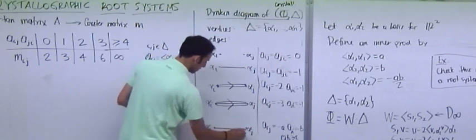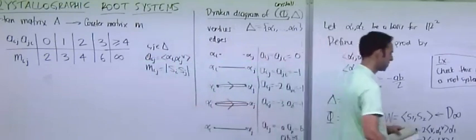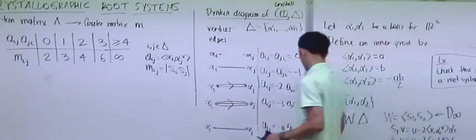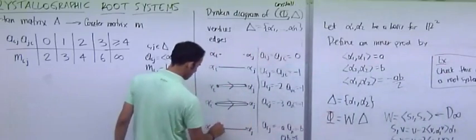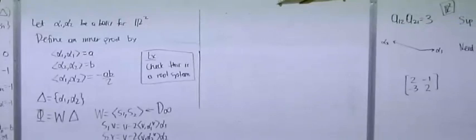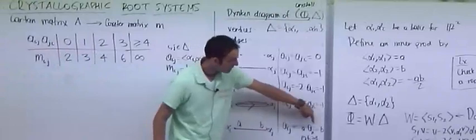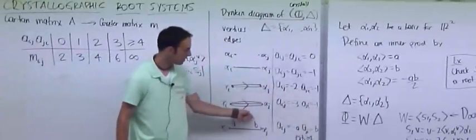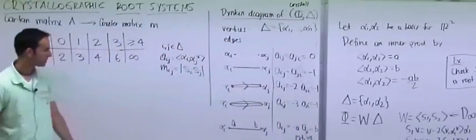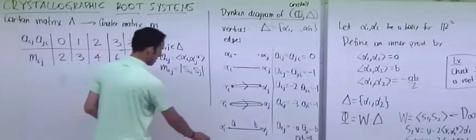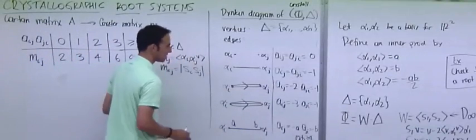Put an edge like this, and then just tell what the numbers are, A and B. So I don't know, if this is -3 and this is -7, then you just put a 3 here and a 7 here. That's the Dynkin diagram of a root system.